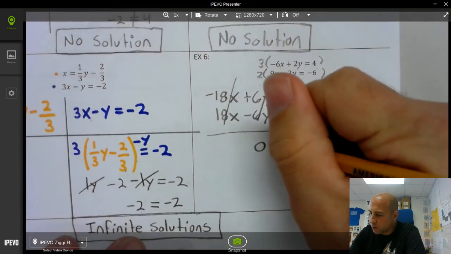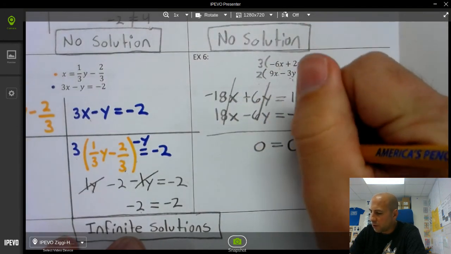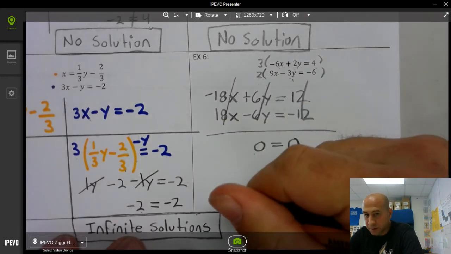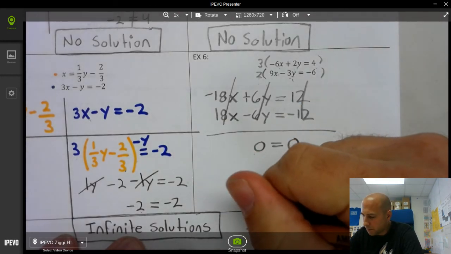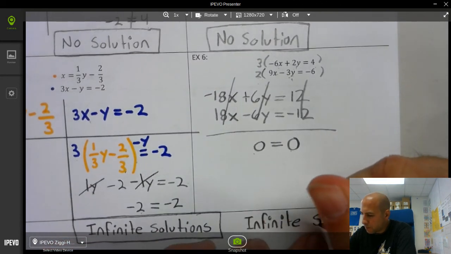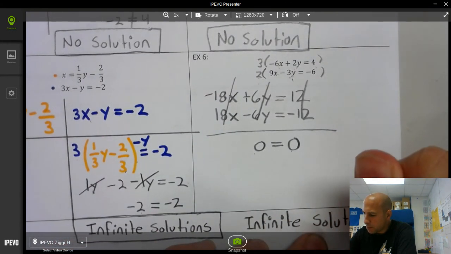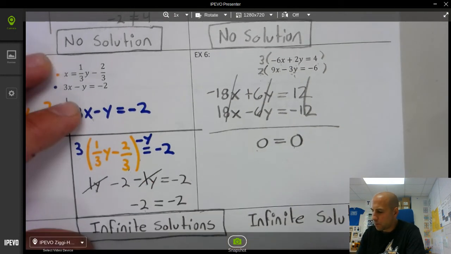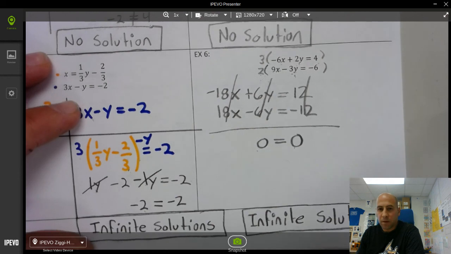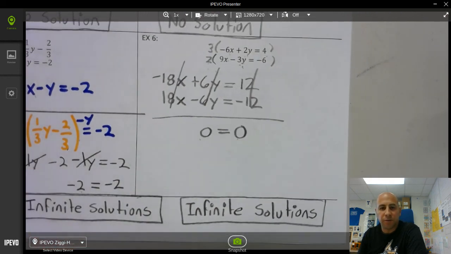So you get 0 equals 0. Now, if the variables are eliminated and you're left with a true statement, it's infinite solutions. All right, so pause for a minute and finish that up.